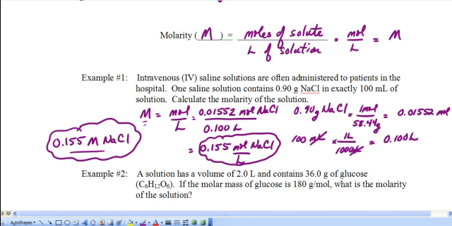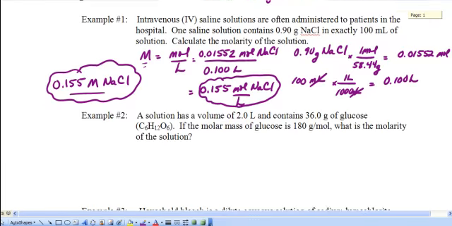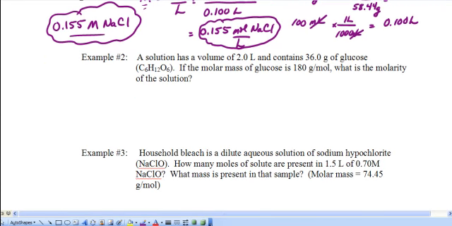Okay, next problem. Example number 2 says, a solution has a volume of 2 liters and contains 36 grams of glucose. If the molar mass of glucose is 180 grams per mole, what is the molarity of this solution? All right. So once again, start with your relationship of molarity equals moles of solute per liter of solution. We need to calculate the number of moles.